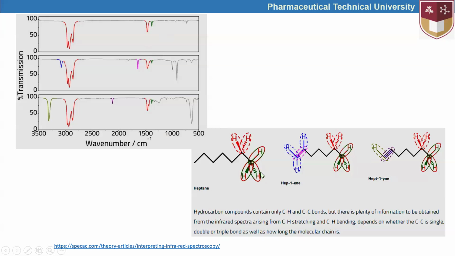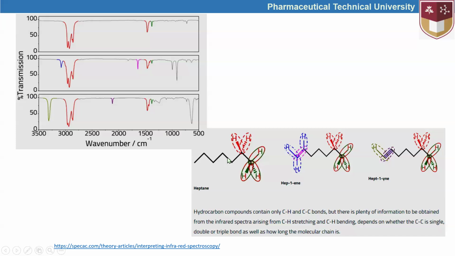edge of the molecules. Okay, and the differences between the first one and the second one, as indicated here: in the second one, there is a carbon-carbon double bond in the edge part. Heptene 1 has one carbon-carbon double bond, and that carbon-carbon double bond is giving a signal of absorbance here, which is not present in the first example.